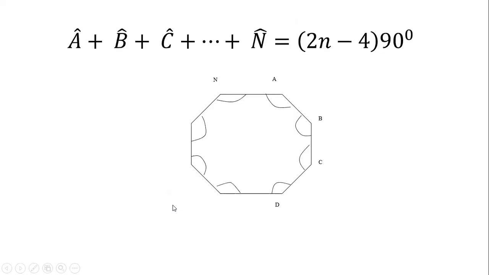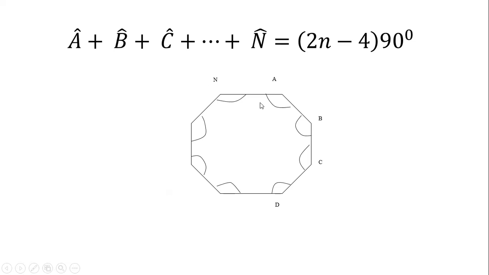times 180 degrees. And this is the polygon now with n sides: side 1, A, B, C, D up to n. So angle A plus angle B plus angle C plus angle D plus dot dot dot until you get to angle n will give us (2n minus 4) times 90.